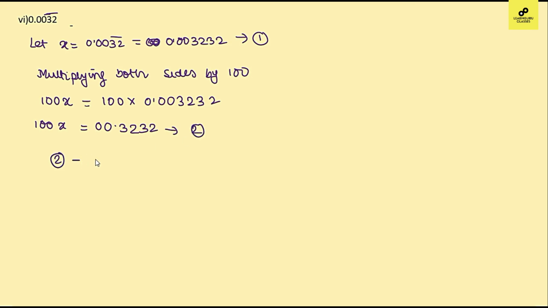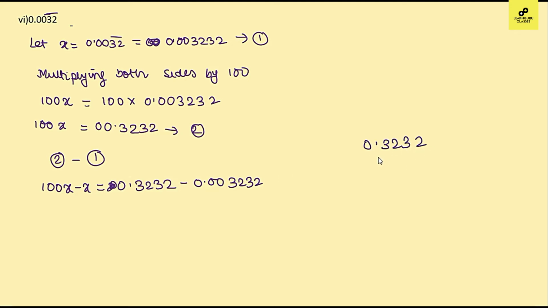So 2 minus 1. 2 minus 1 will give us 100x minus x equals 0.3232 minus 0.003232. So you see, so what you are getting? 3, 2, rest of them are 0. So 99x equals 0.32.